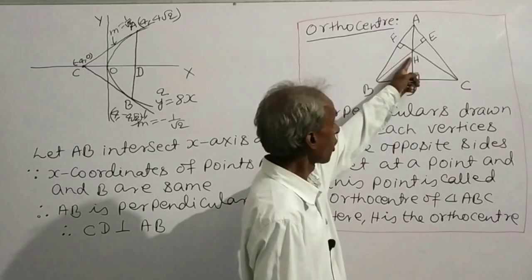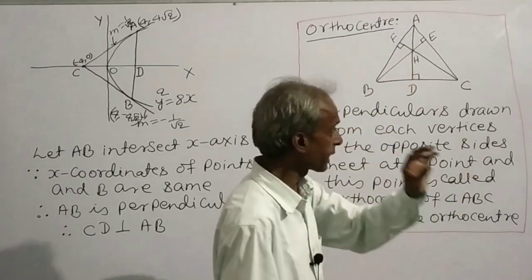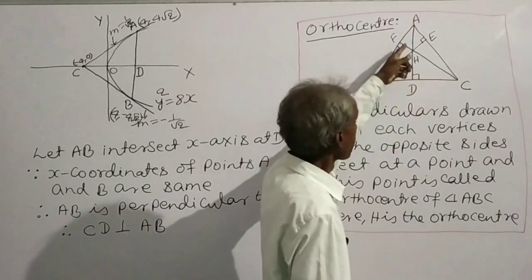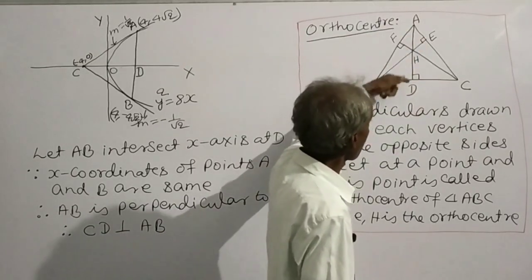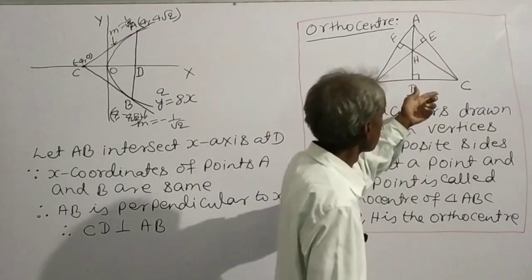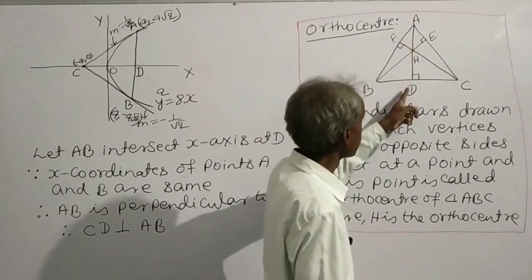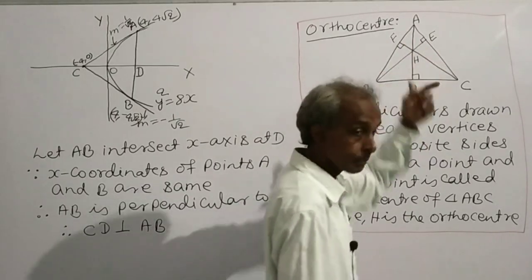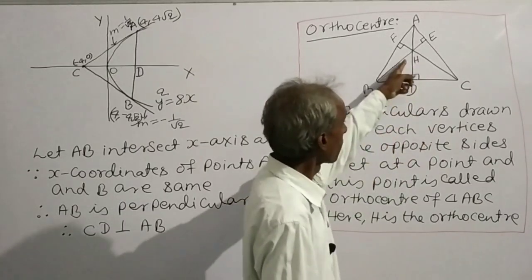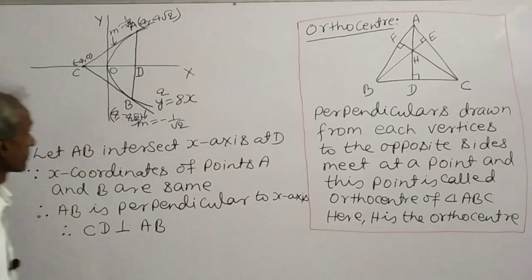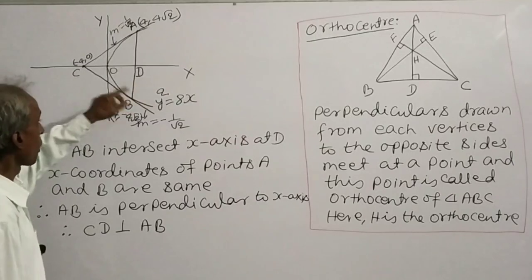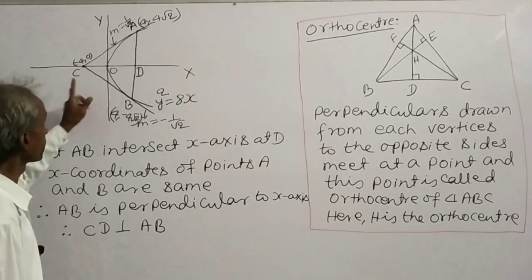To find the coordinate of the orthocenter of any triangle, we can find the equation of AD, the equation of BE, and then solve to find the point of intersection of AD and BE. In this way, we can find the coordinate of the orthocenter. We have to find the coordinate of the orthocenter of triangle ABC.